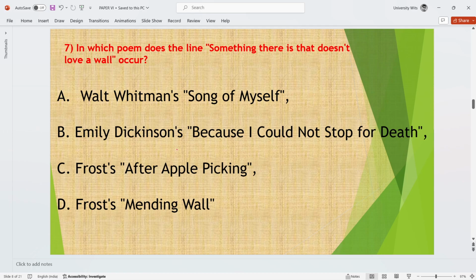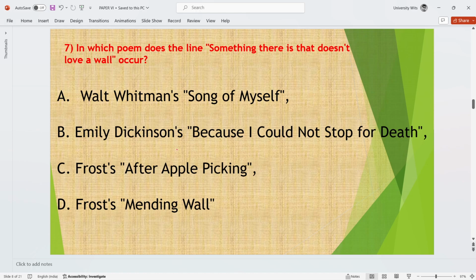And the other poems are not related, because Walt Whitman's Song of Myself celebrates individuality and connection, but it doesn't have a specific focus on walls. And Emily Dickinson, if I say, Because I Could Not Stop for Death, this kind of work, I don't think so. This work explores themes of mortality and acceptance.